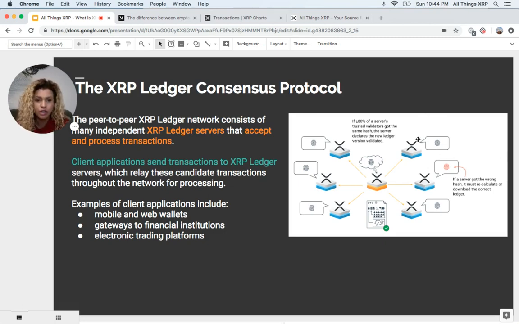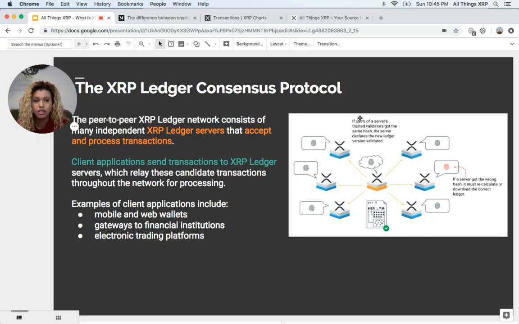So out here, again, we have the XRP Ledger servers, which process the transactions. And here in the center, this orange box, is the client who is broadcasting their transaction out to be written to the XRP ledger. When all of these servers agree that the transaction is valid, it gets written to the ledger.